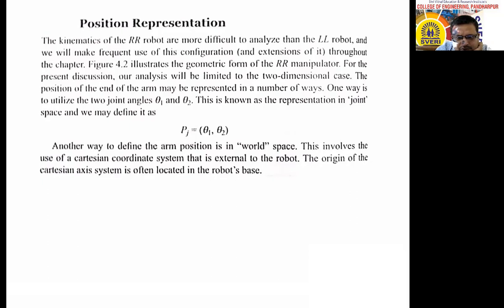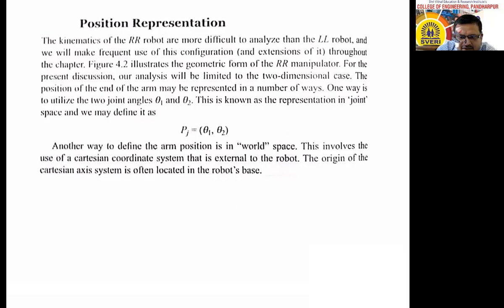Figure 4.2 illustrates the geometric form of the RR manipulator. For the present discussion, our analysis will be limited to the two-dimensional case. The position of the end of the arm may be represented in a number of ways. One way is to utilize the two joint angles theta1 and theta2.